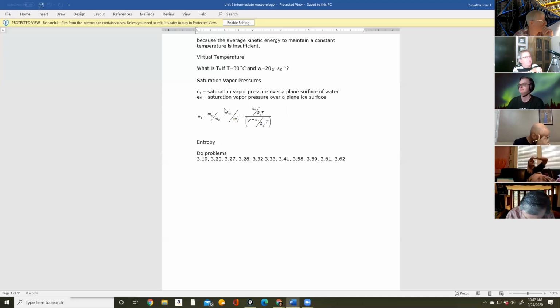Then you'd have to look at the specific heat for carbon dioxide, which I'm not sure I know offhand. Look it up in the CRC. You could figure out what it is. You'd also have to know the gravity on Venus. So that's kind of interesting. But yeah, that was a pretty straightforward problem.